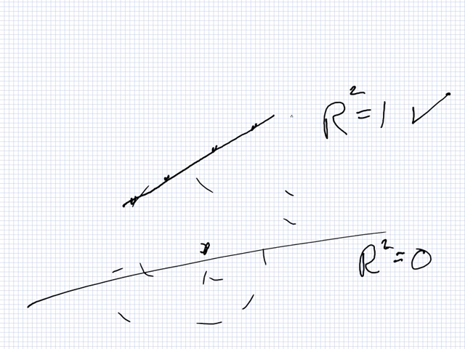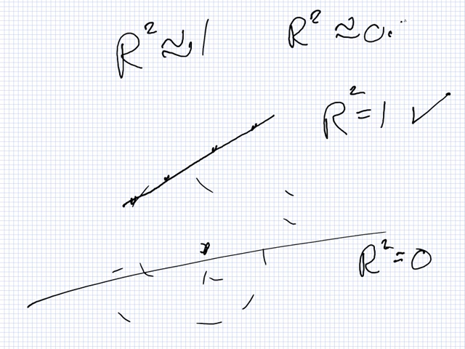In a subject like biology, those losers can probably get something like a 0.5 fit, and then the losiest losers of them all, say some kind of social science, they are usually happy with an R squared of 0.2. What losers, huh? So R squared nearly 1 is what you are trying to get.